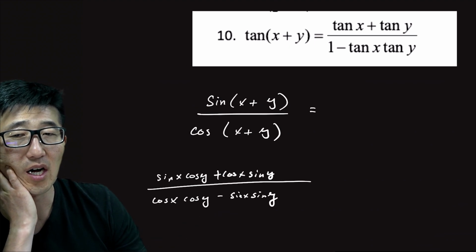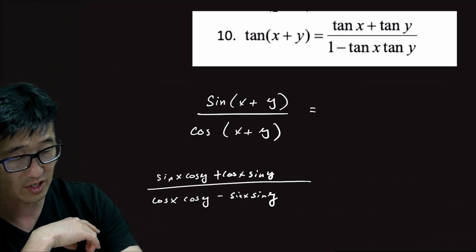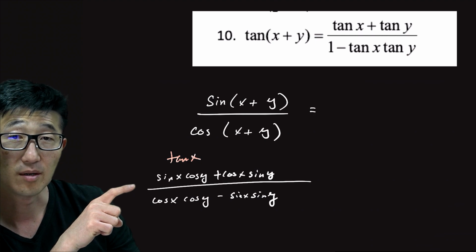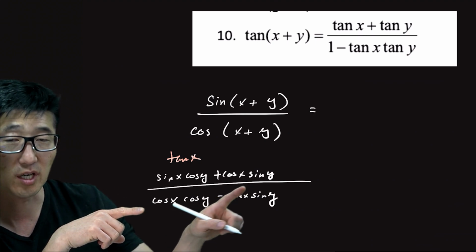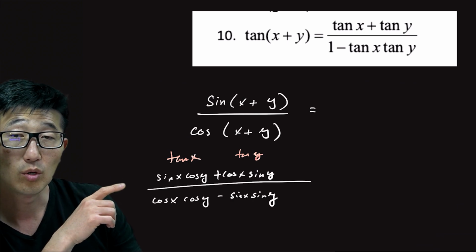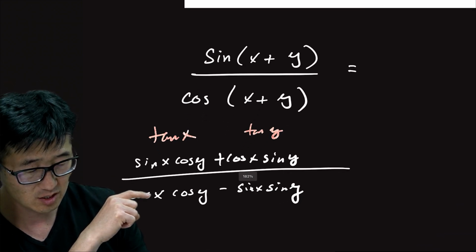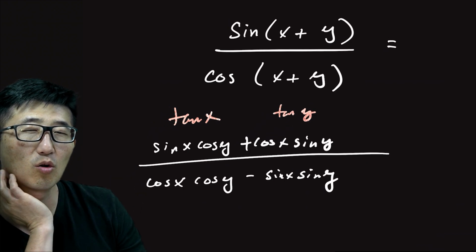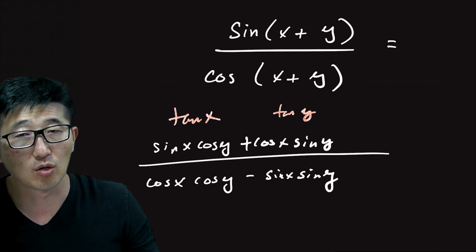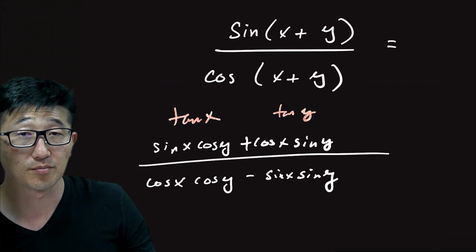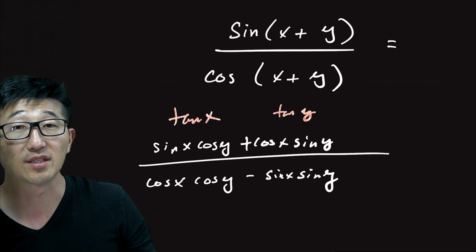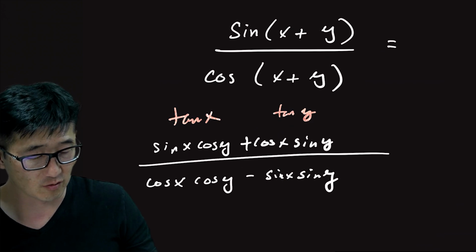And how do I turn this into a tangent of x, and this into a tangent of y? Well, to make this into a tangent of x, you have to divide by cosine of y. No, sorry, you need a sine of x over cosine of x.